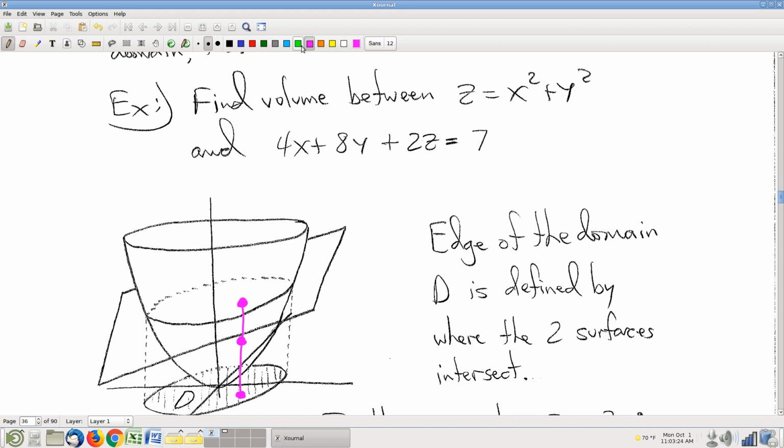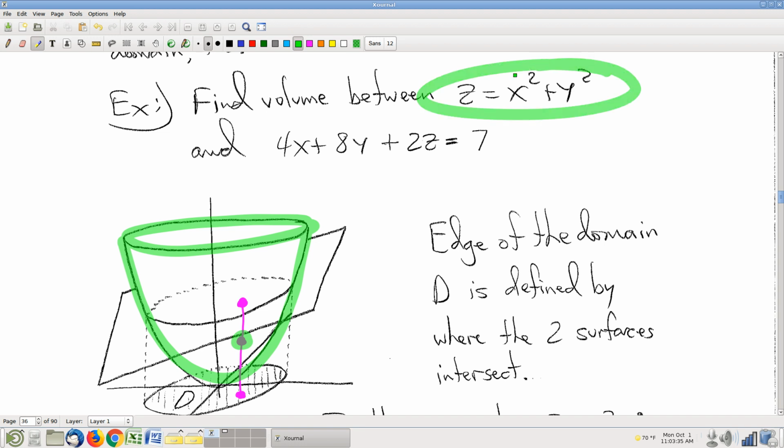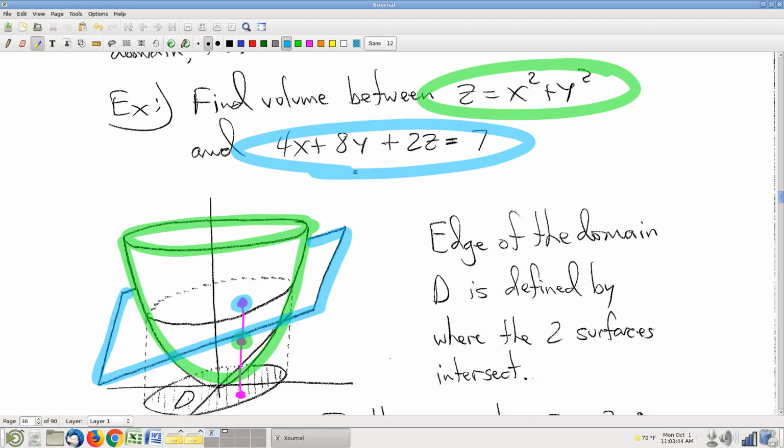One is a value of z that comes from the surface that has that equation, and the other comes from a value of z on this surface that has that equation. Yeah? Everybody happy? So what I want to know is where are the points on the boundary of my region? Points on the boundary are going to be where those two z coordinates are the same. I'm looking for where the green surface and the blue surface intersect.